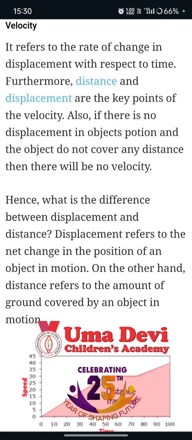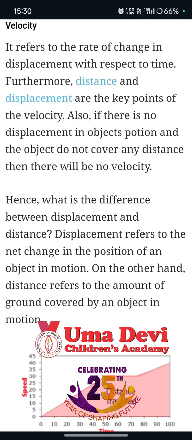Why will it be zero? Because the object is coming back to its original point after traveling a certain distance. Its point of origin is not changing, so its displacement is zero. And we have already discussed that displacement is the shortest distance between the two points.